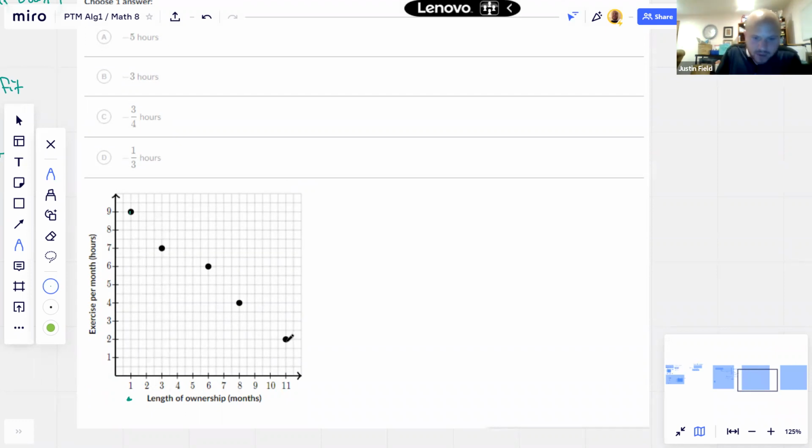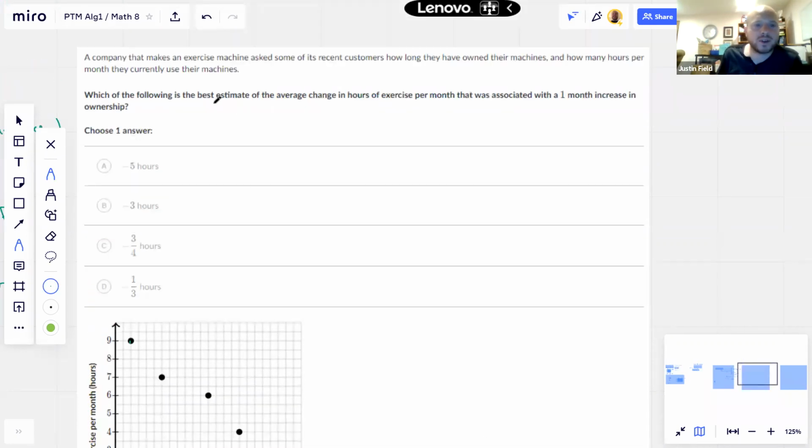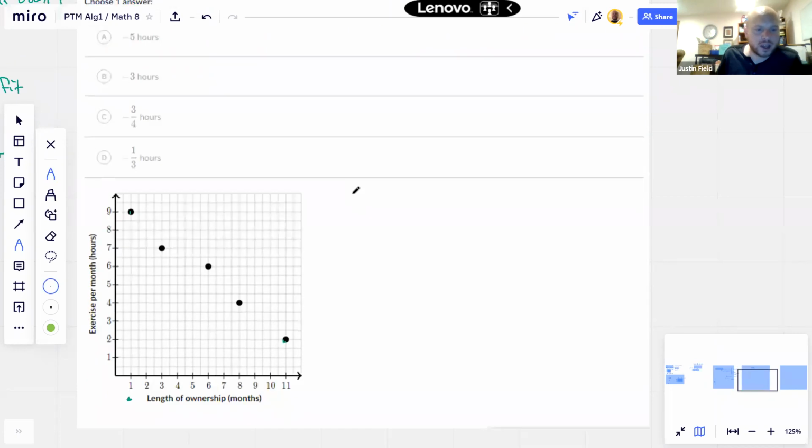By the time you get to 11 months, you take it out a couple of days of the month, right? So what was the question again? What's the best estimate of the average change in hours associated with 1 month? So average change is the slope. What we can do is we could just pick 2 points, 1, 9, I'll pick 1, 9. And how about 11, 2?